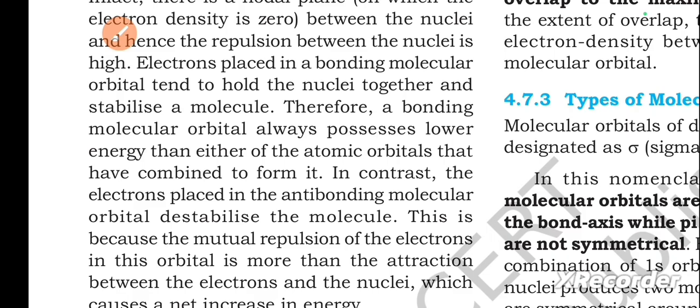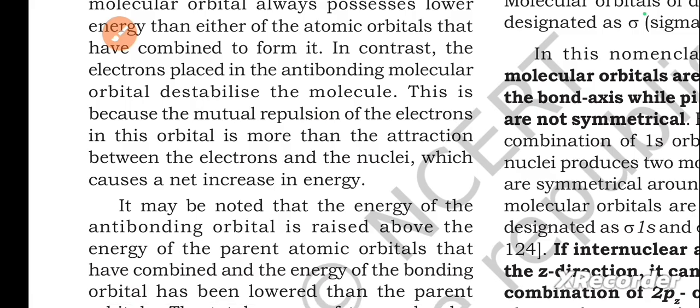Therefore, a bonding molecular orbital always possesses lower energy than either of the atomic orbitals that have combined to form it. In contrast, the electrons placed in the antibonding molecular orbital destabilize the molecule. This is because the mutual repulsion of the electrons in this orbital is more than the attraction between the electrons and the nuclei, which causes a net increase in energy.